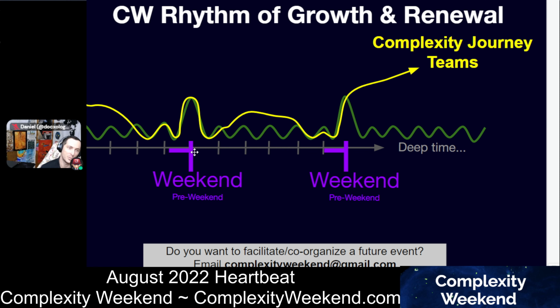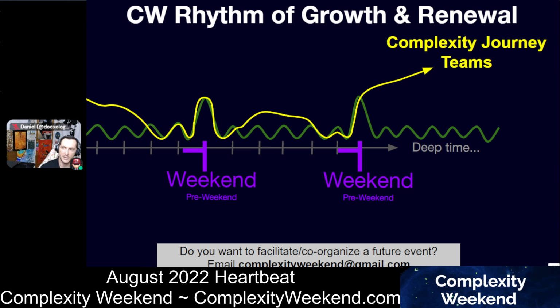And so this one trajectory, it's not the only trajectory, but this person joined a heartbeat, then they had a great time for a weekend, they joined the heartbeat after the weekend, and that is reflecting your own journey and development and your own path through time with the teams that you are working with. And those could be the teams from people you met within Complexity Weekend. It could be the committees in Complexity Weekend, which we'll talk more about.